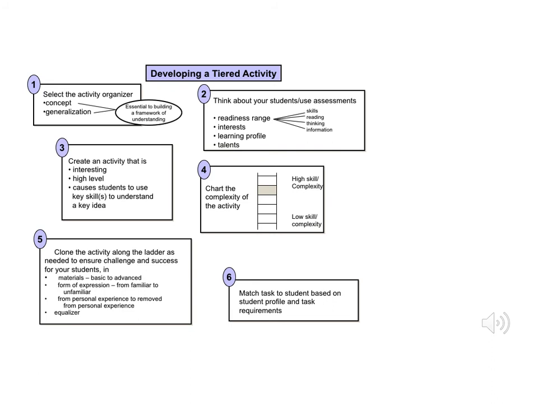Chart the complexity of the activity. Choose the activity along the ladder as needed to ensure challenge and success for your students in a variety of ways, and then match the task to student based on student profile and task requirements.